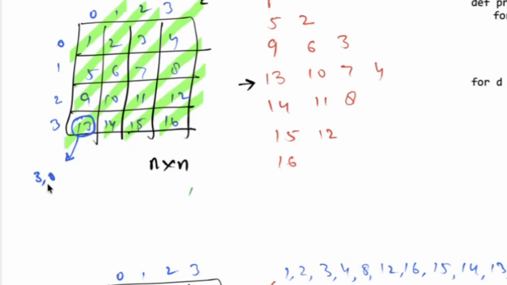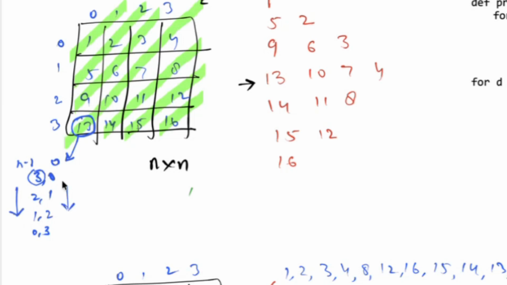Can I say the second element is at 2, 1? The third element is at 1, 2, and the next element is at 0, 3, right? So what it means is that row is starting with n minus 1 and column is starting with 0. And every time we decrement the row and we increase the column.